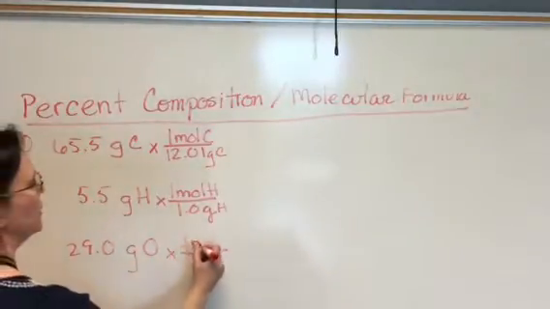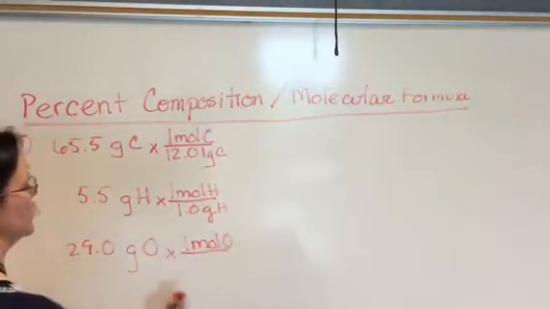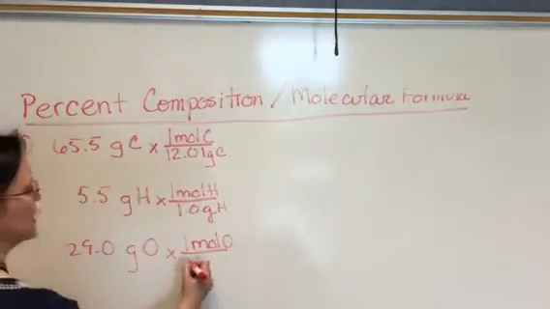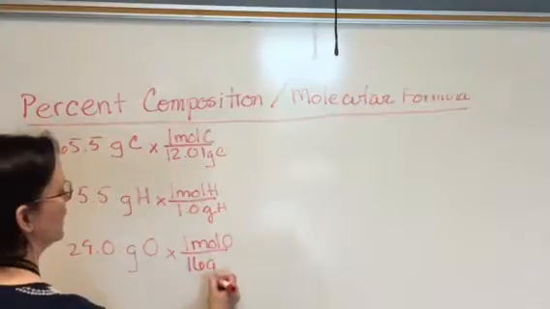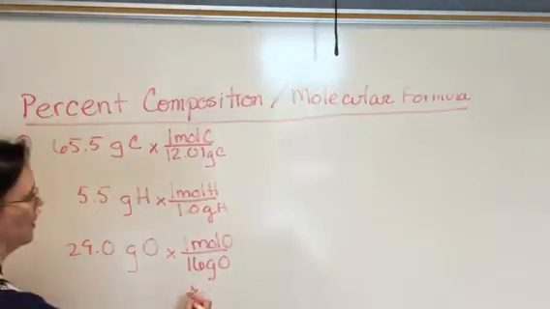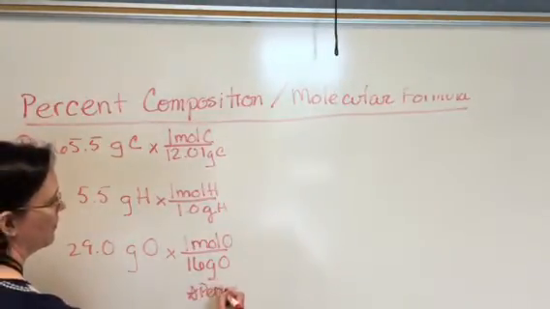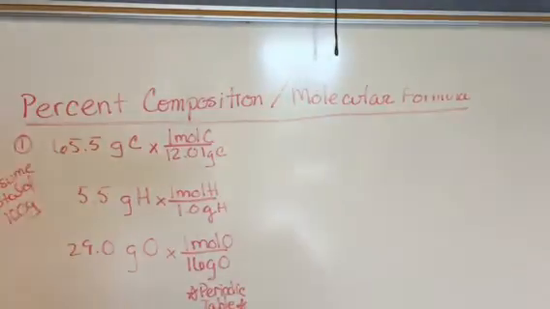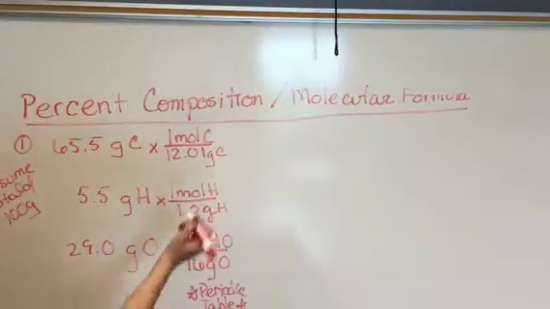And then 1 mole of oxygen. Now notice this is just O, not O2. 1 mole of oxygen is going to weigh 16 grams. Again, all 3 of these are from the periodic table. Okay?